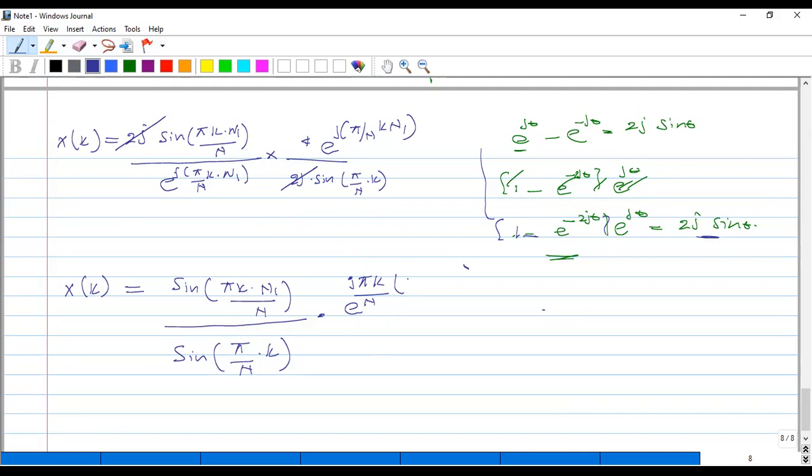So I just subtract the powers. If I subtract the power, we will have e to the power j 5n k n1 minus 5n k n. I take j 5nk out, so we will have n1 minus 1.